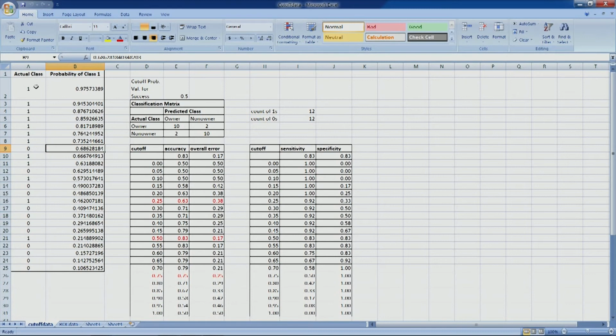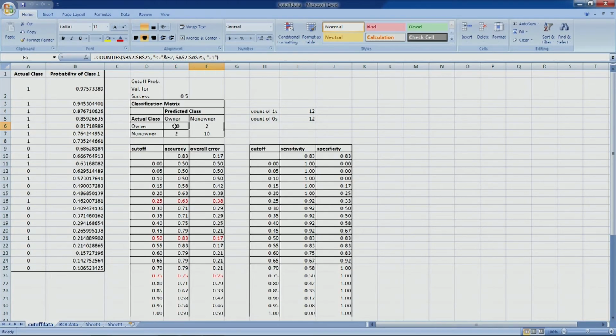If we count the number of ones and zeros in this example, the number of ones is 12 and the number of zeros is 12. Based on the cutoff probability of 0.5, we construct the classification matrix.